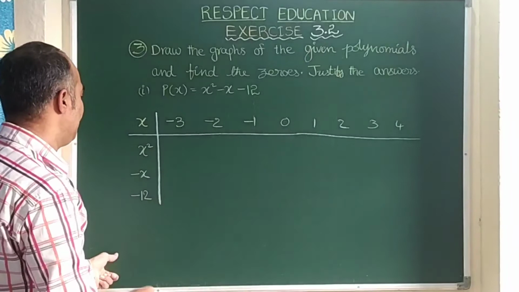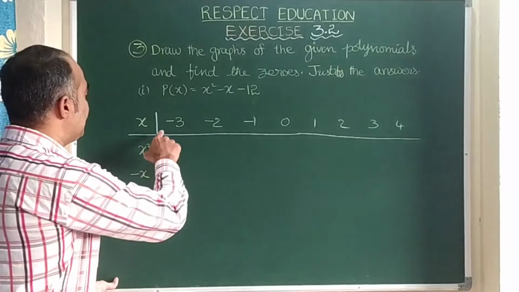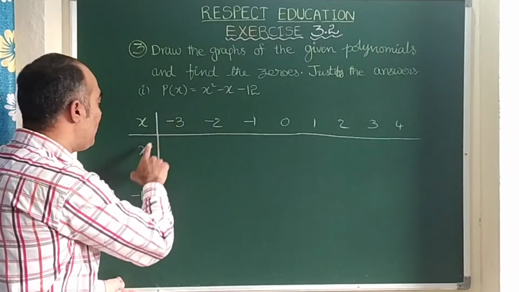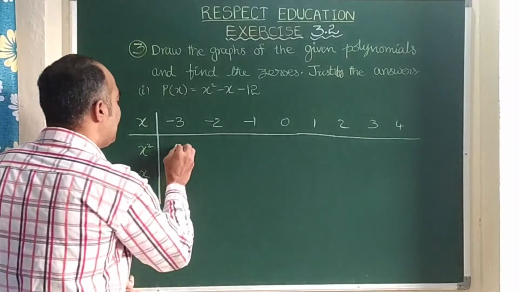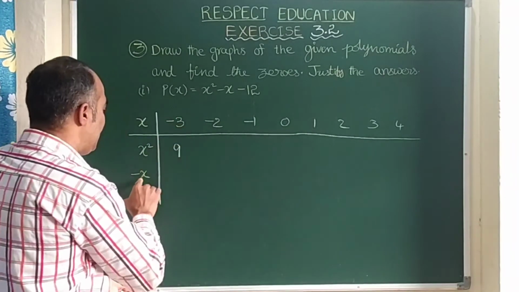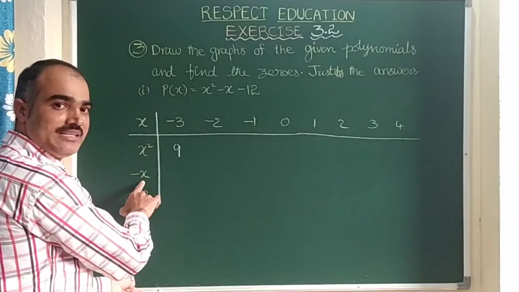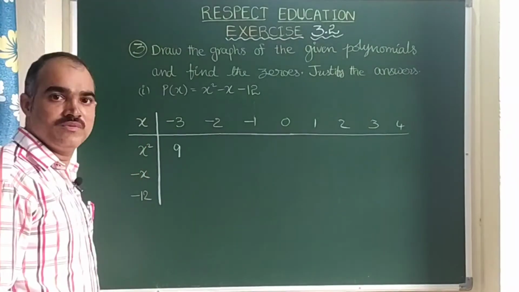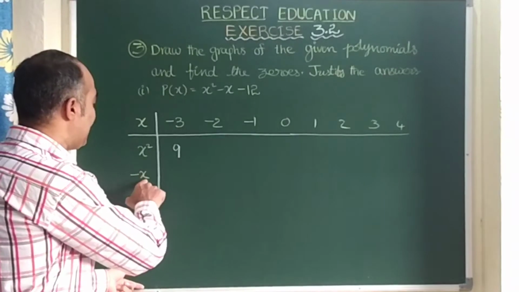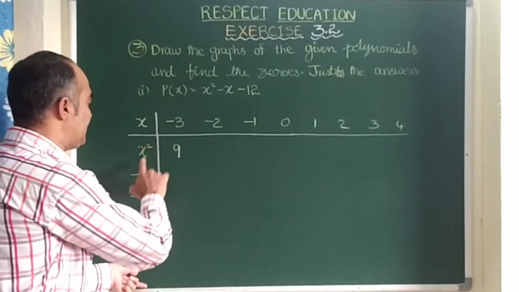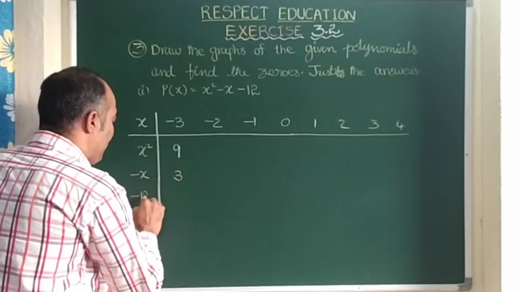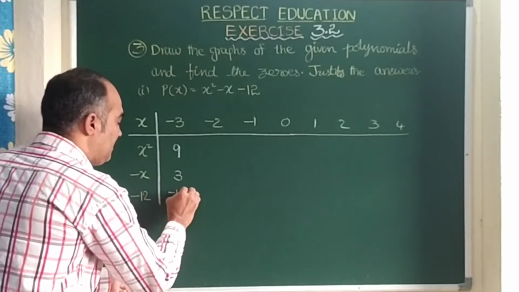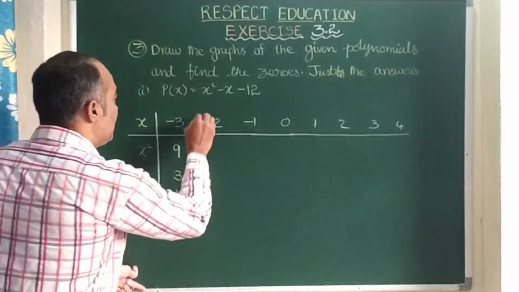Let us do the first one. See, if x is minus 3, what is x square? Minus 3 whole square is nothing but 9. If x is minus 3, what is minus x? This is minus of minus 3, so it is plus 3. Minus 12 is a constant, let us write it as it is.